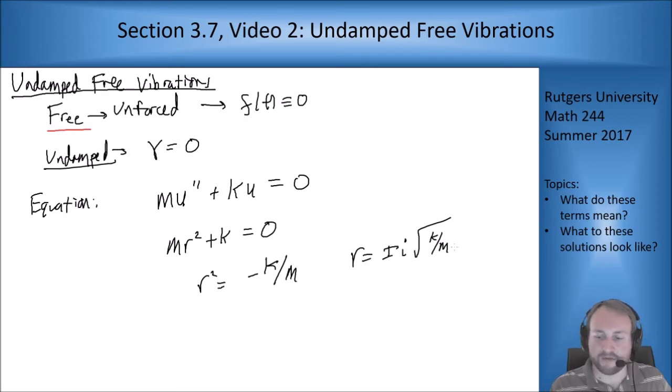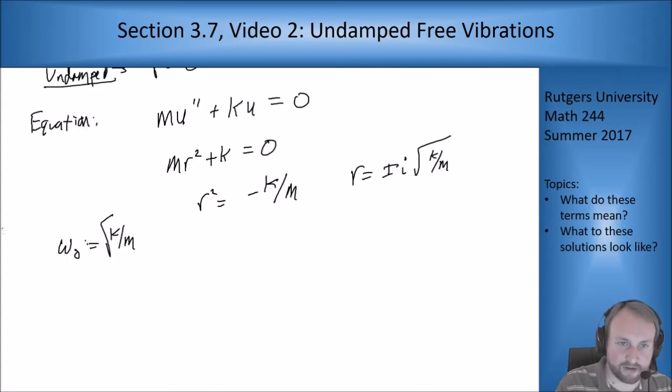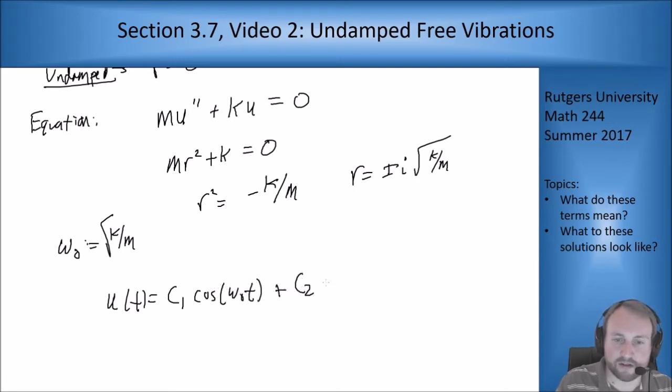If I give a name, omega 0, to the square root of k over m, then writing the general solution in terms of sines and cosines, u of t is c1 cosine of omega 0 t plus c2 sine of omega 0 t.